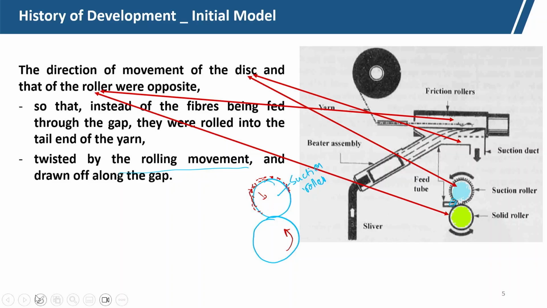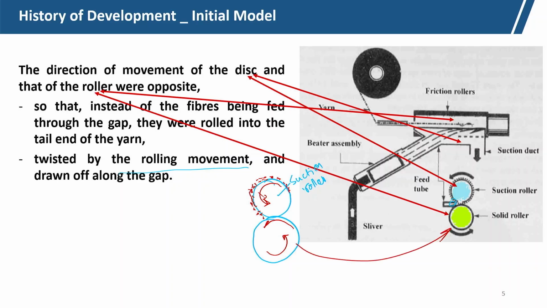Now let us see, this one is rotating in the anti-clockwise direction and this is rotating in the clockwise direction. Though both are in the same angular direction, the top one, the suction one, is taking the fiber, and at this point there is friction between the fiber and the solid roller.